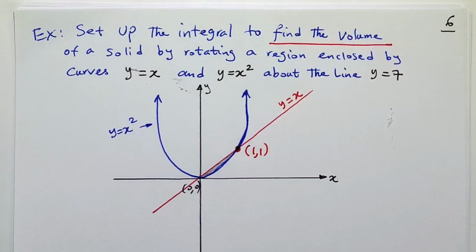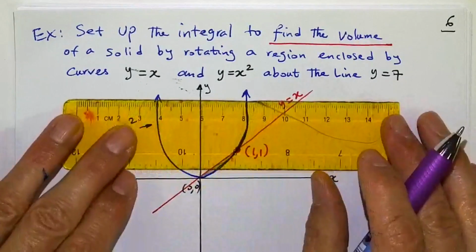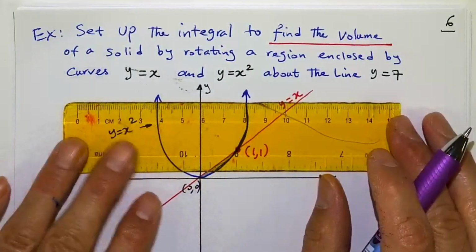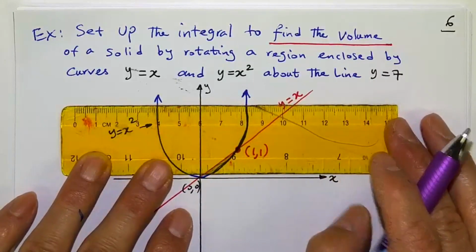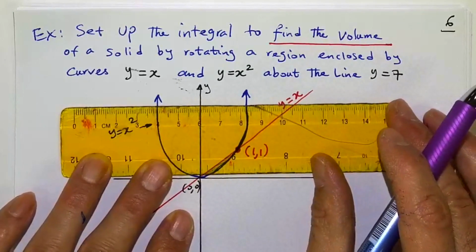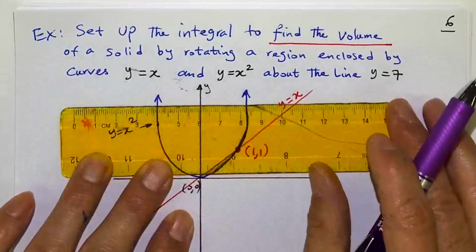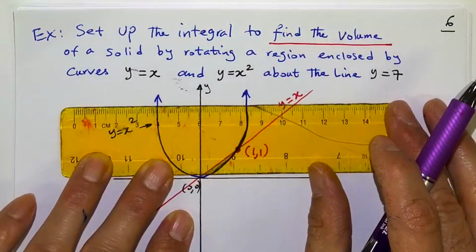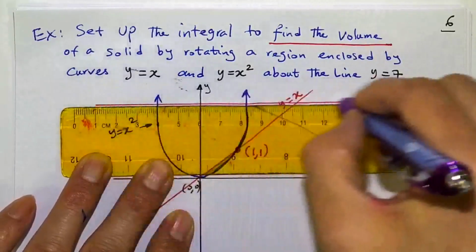Okay, so then let's draw. This isn't going to be to scale because I'd go off the page if I drew this picture to scale, but let's say that y equals 7 is that horizontal line going across like that.